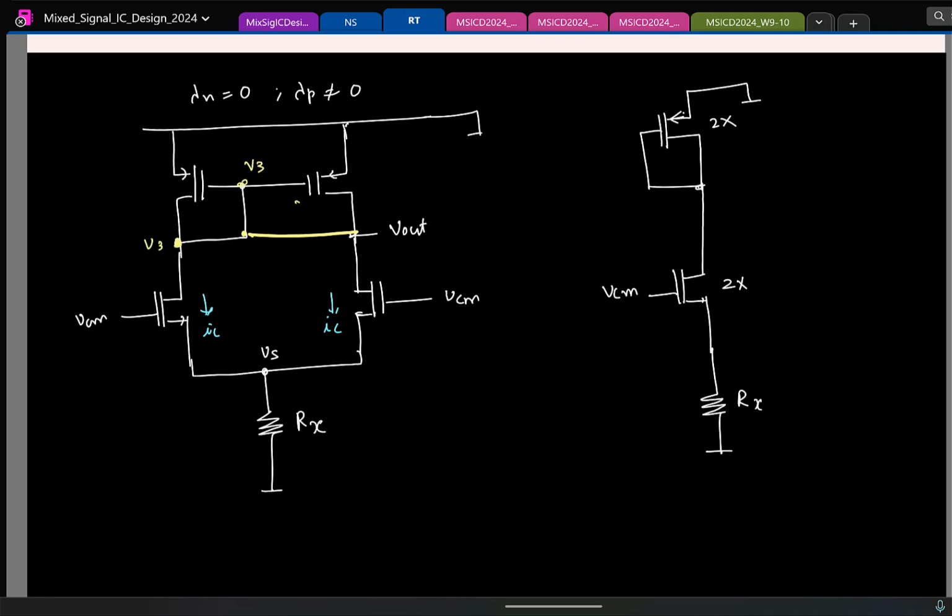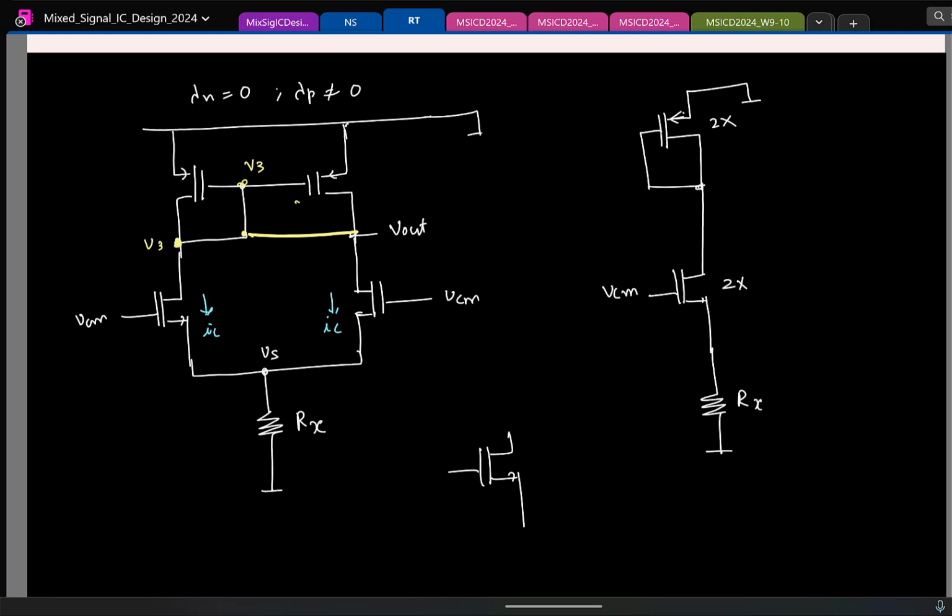So now tell me, if I have one transistor, let us say its transconductance is GM. Now I have put two transistors in parallel. What do you think will be the effective transconductance? 2GM, root 2 GM, GM by root 2, GM by 2? I have one transistor.